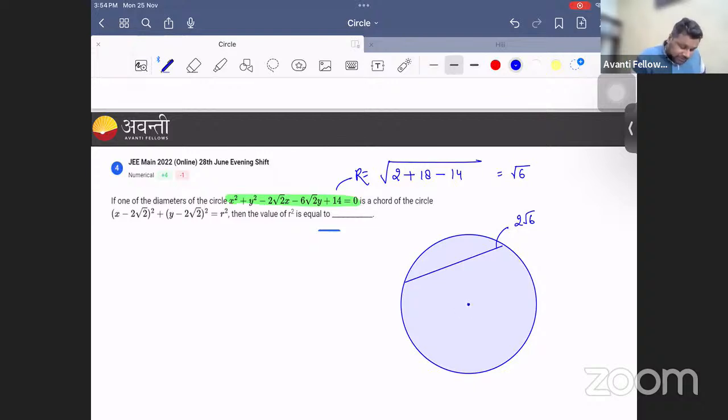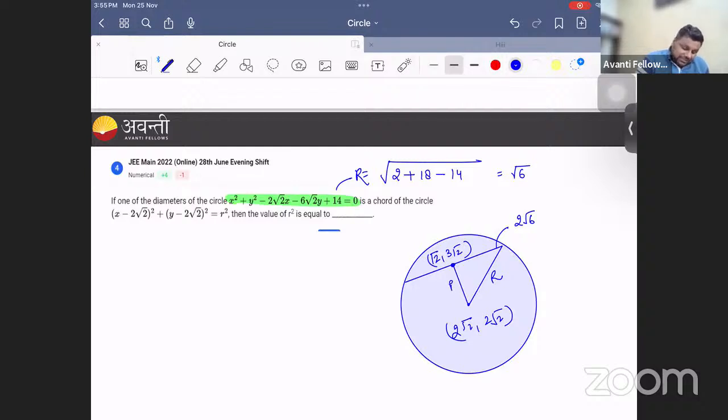The center of this new circle is (2 root 2, 2 root 2). Since it is the diameter, this point is the midpoint, that is (root 2, 3 root 2).